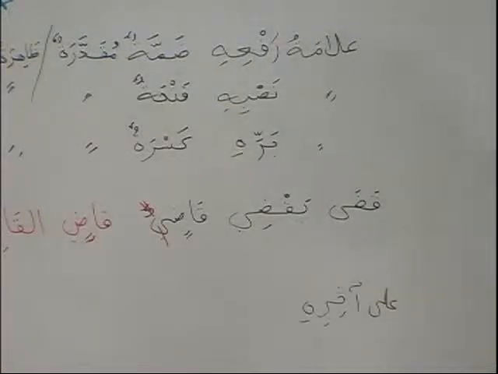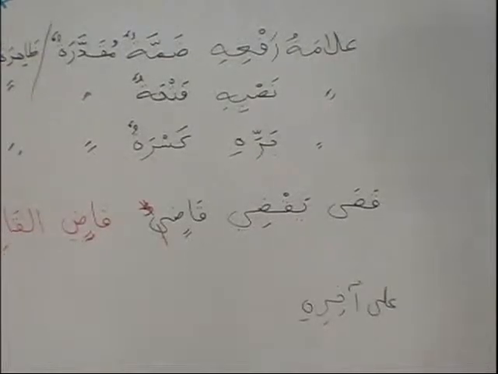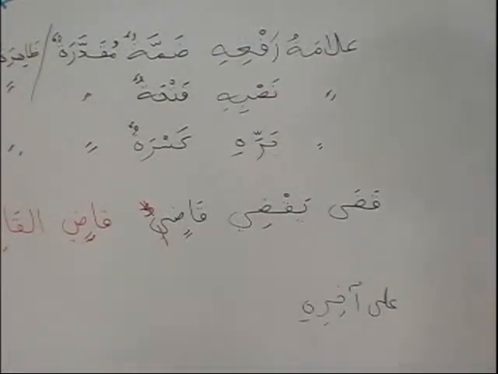So you will say, fa'ilun marfu'un alamatu raf'ihi dammatun muqaddaratun ala akhirihi. You can say if you want to, but if you don't want to write it, it's perfectly all right. Dr. Abdurrahim did not write. But I have seen in other places sometimes people write it, but it's easy, and it makes sense.